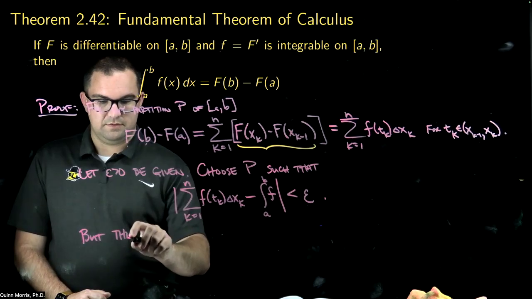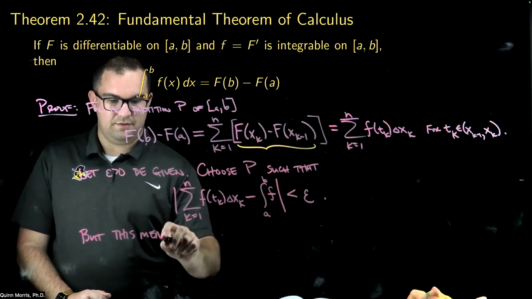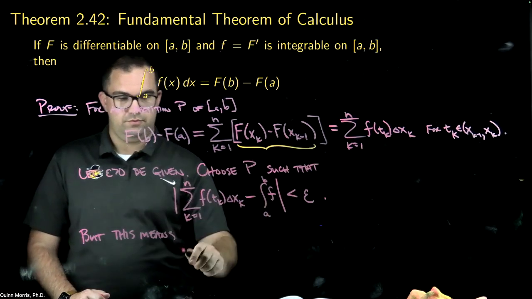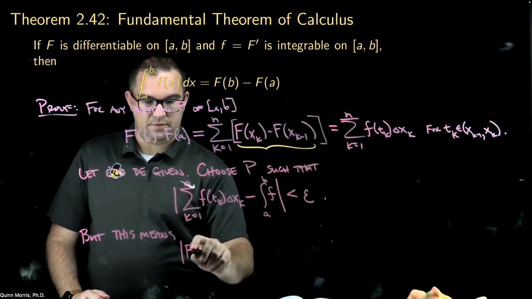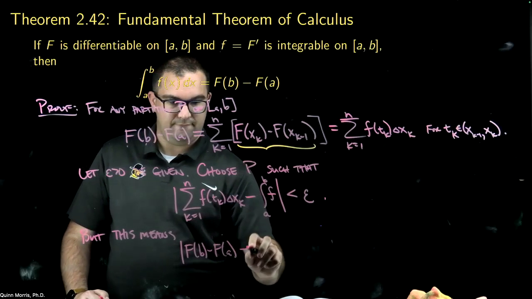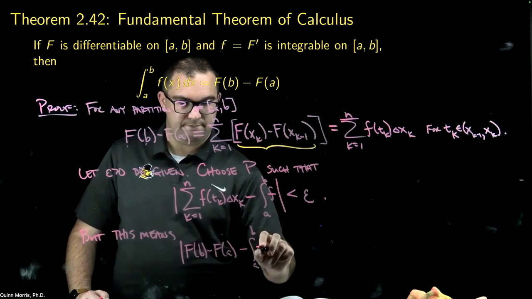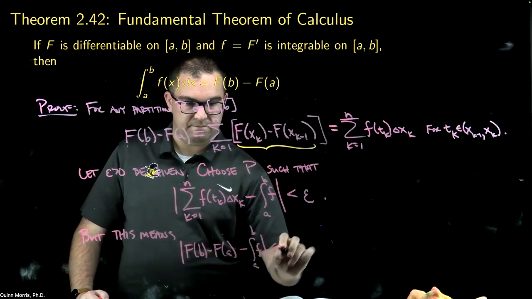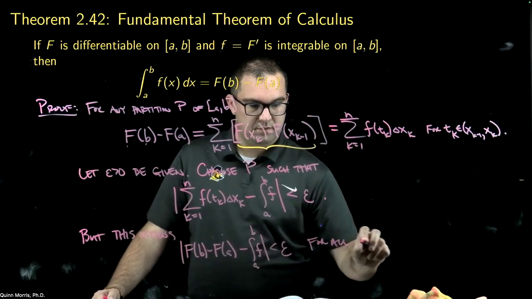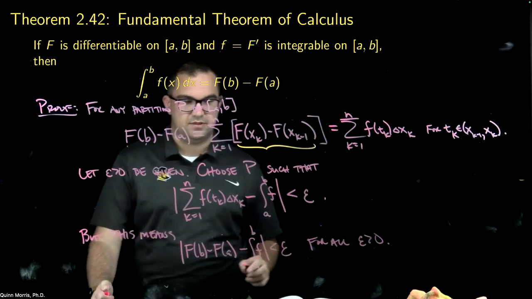But this means if I look at that sum, it is just what I have here, which is equal to f of b minus f of a. And this holds for all epsilon greater than 0.